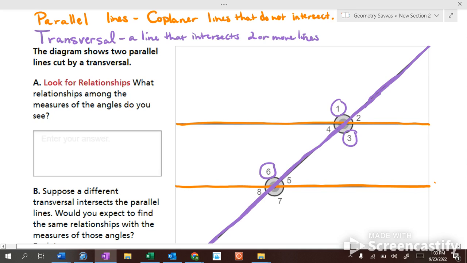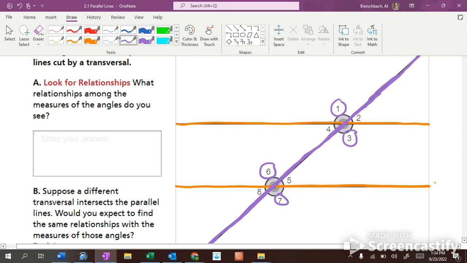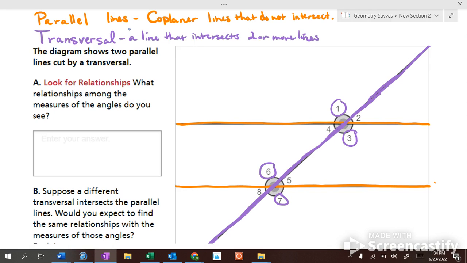How does it work with 1 and 6? Also the same. And what other one would be the same? 7 would be the same. Angle 4 is the same as what angles? 2, 5, and 8.